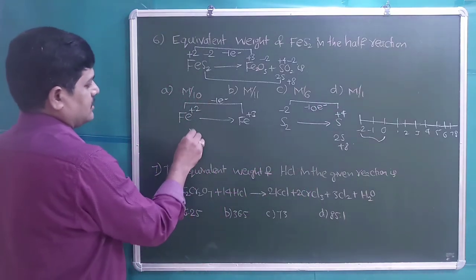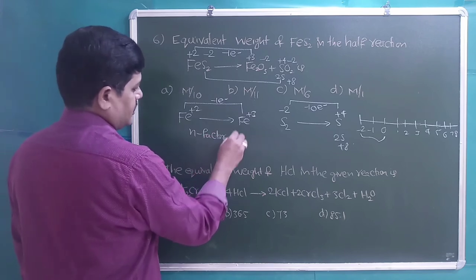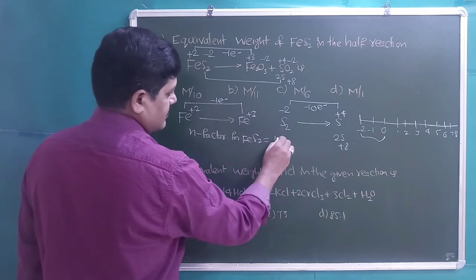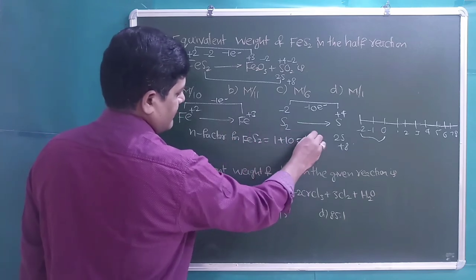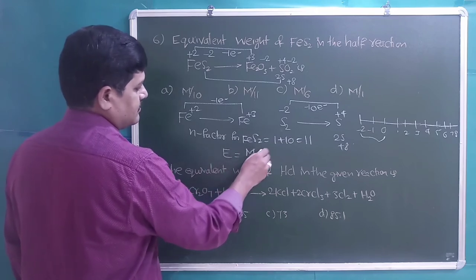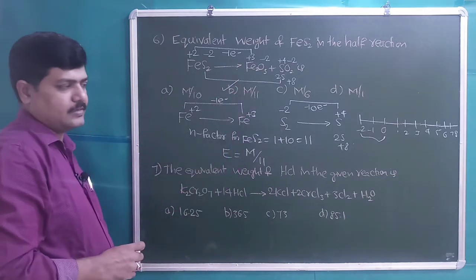Then the N factor for FeS2 is equal to 1 plus 10, which is equal to 11. Then equivalent weight is equal to molecular mass divided by N factor, M by 11. So option B is correct.